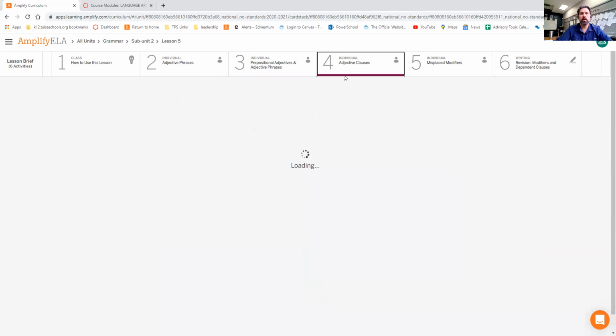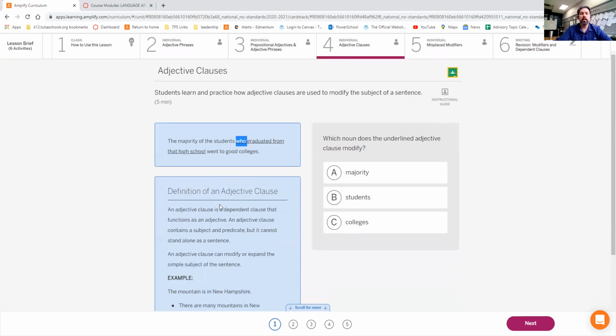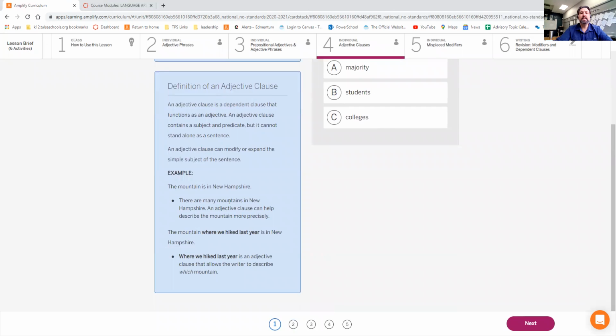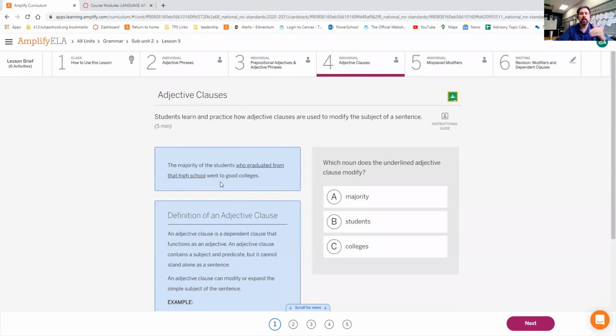I'm going to go to adjective clauses. An adjective clause is going to contain one of these words: who, what, when, where, why, how. The idea is these provide a very specific detail that we want to know, okay? The majority of students who graduated from that high school, what are we describing with who graduated from that high school?